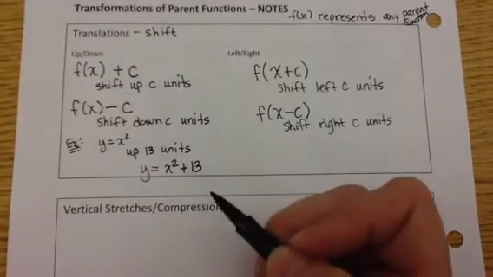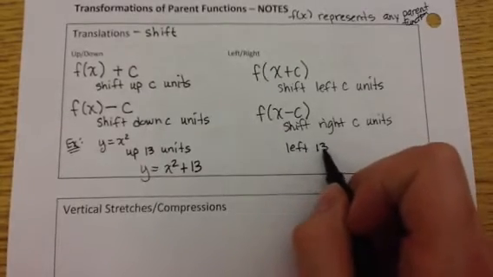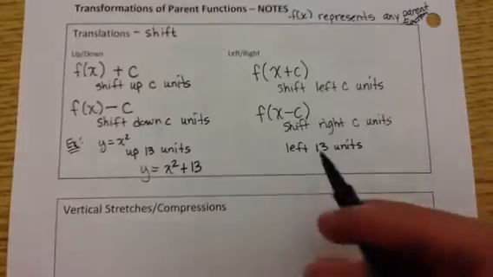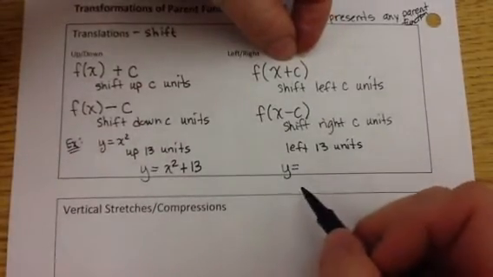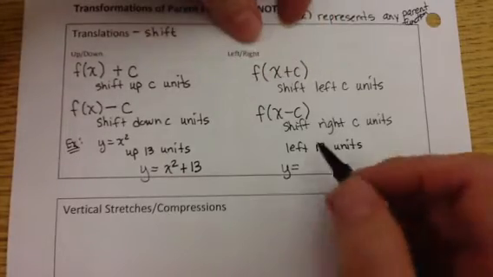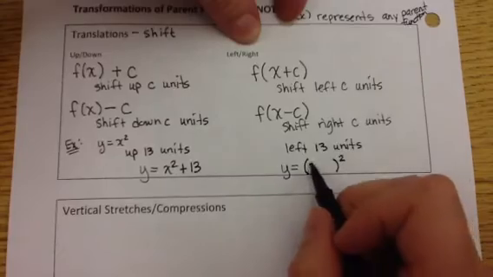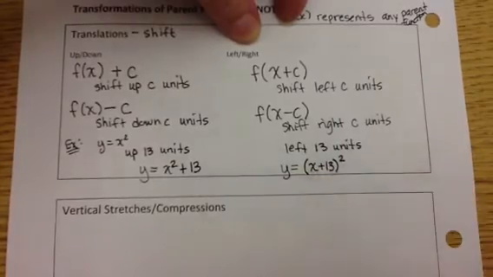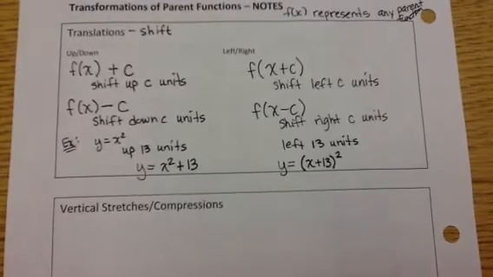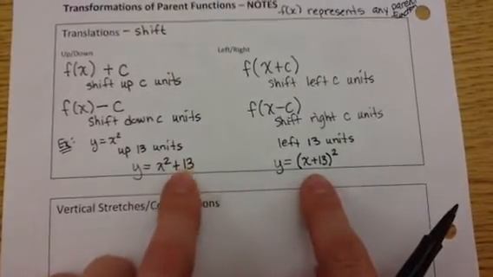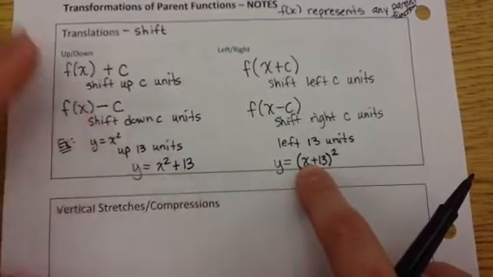But if we were going to shift left 13 units, then y would equal, notice that the x plus c is inside the parent. Well, the parent in this case is something squared, so I would take the x plus 13 inside the squared. And this will work for any parent function. So if it's outside of the parent, it will be up and down. If it's inside the parent, it will be left and right.